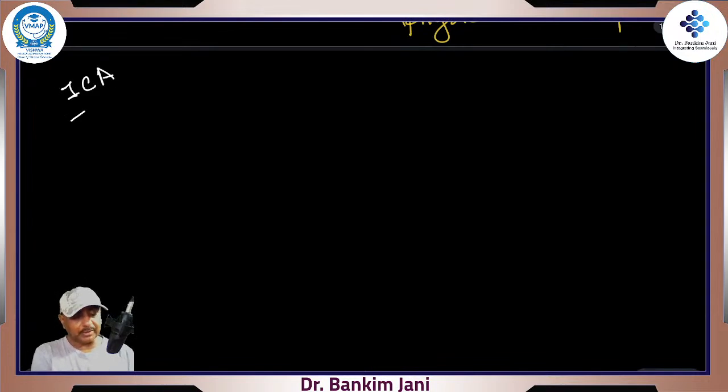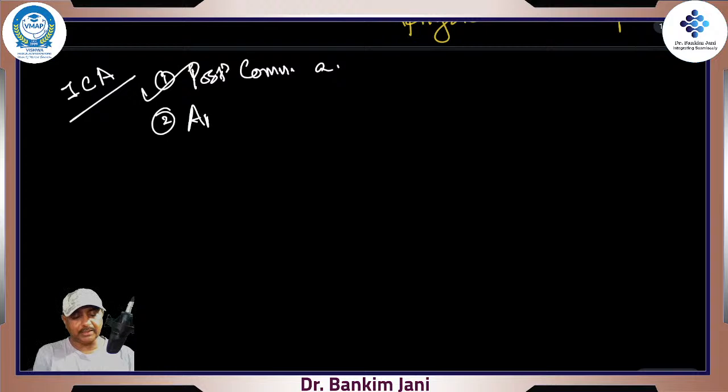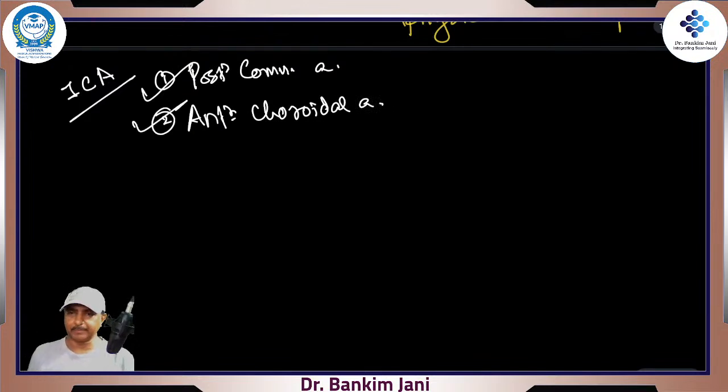So we are talking about the internal carotid artery. In the internal carotid artery, we talked about the first one, the posterior communicating artery, done. Then we talked about the anterior choroidal artery, done. Now, the rest of the arteries are bigger ones.